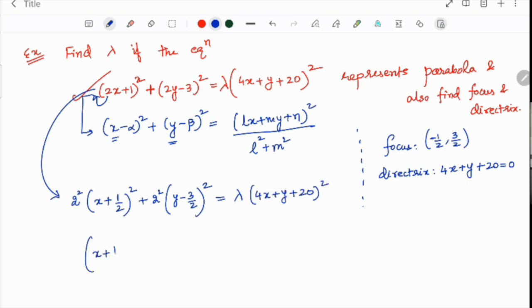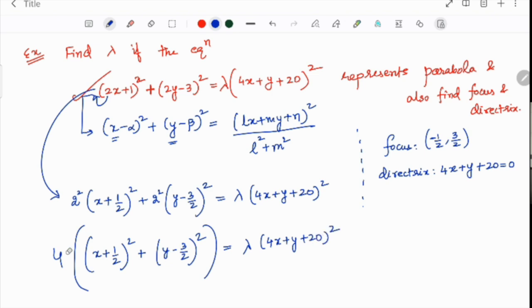So this is (x plus 1 by 2) whole square. So 4, here also 4. 4 comes common. And this 4, I am sending to the other side. So it will become division by 4.